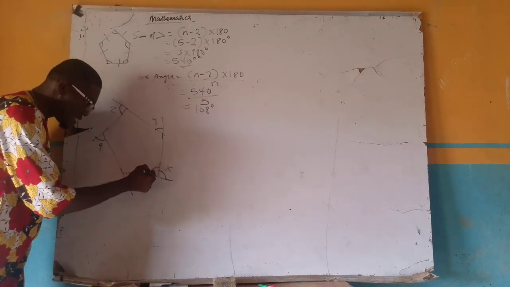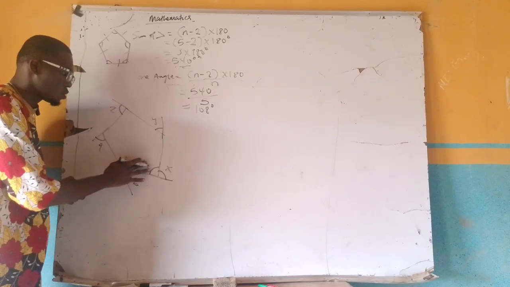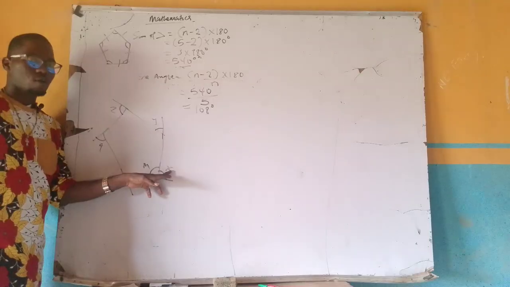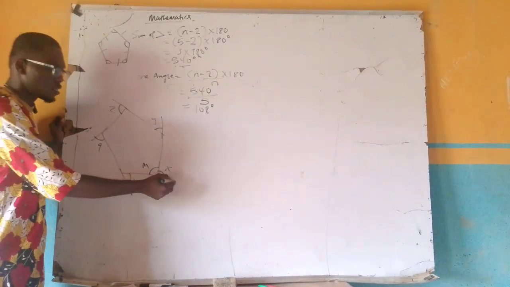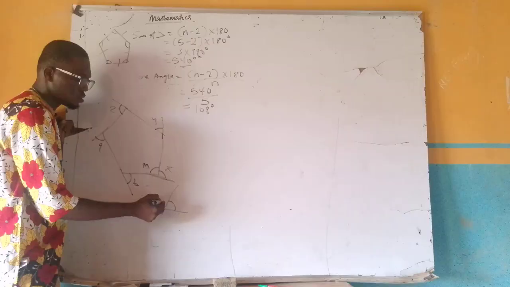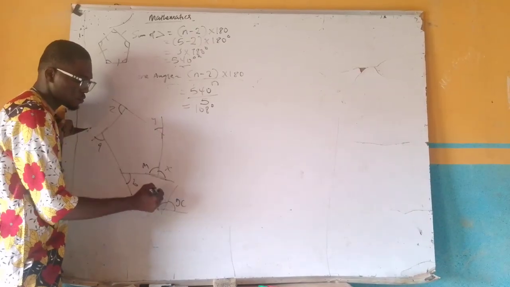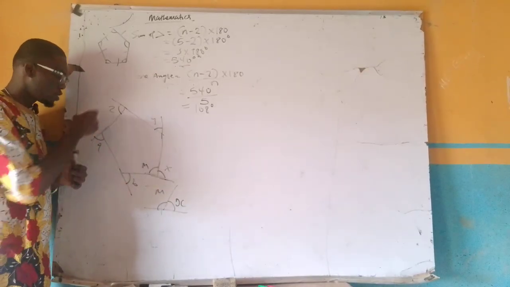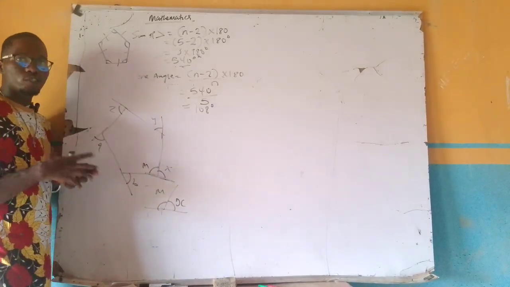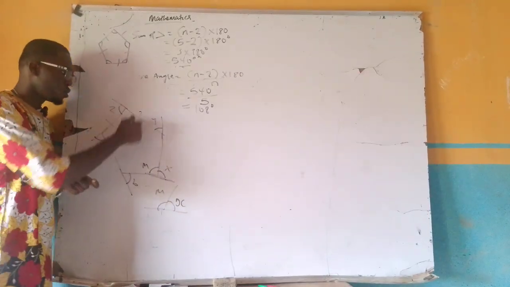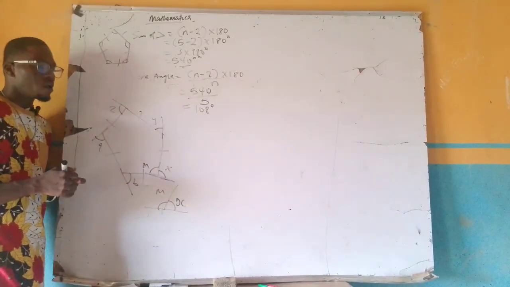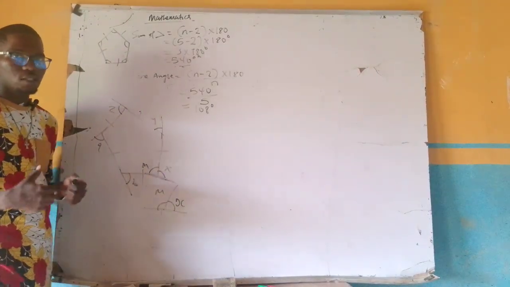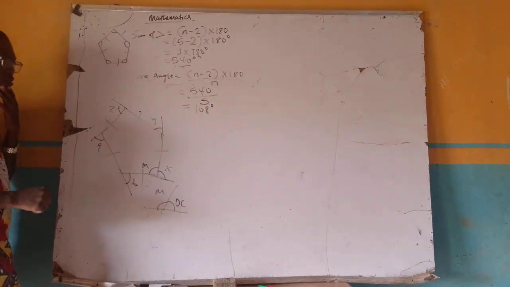While these ones that are inside, let's say m, are called interior angles, these are exterior angles. Now, if you look at this very well, you can see that this is like the 180-degree work you have done before. And also, when you add the values of the exterior angles together, for a regular polygon or any type of polygon, it will give us 360 degrees.